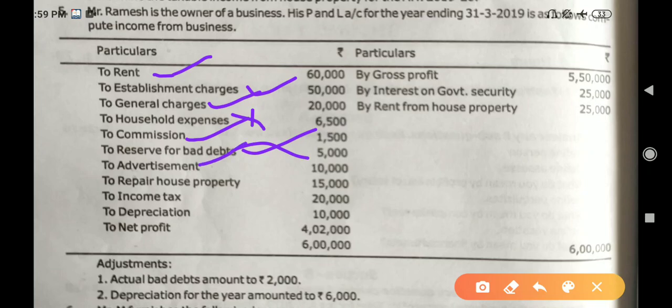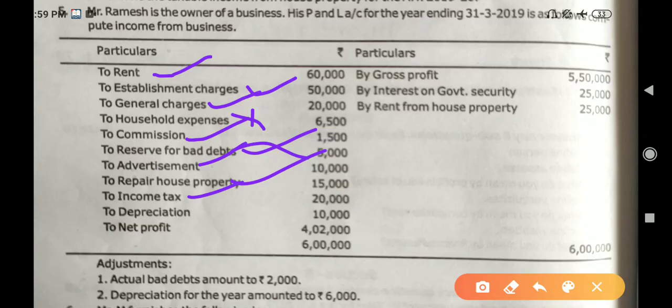And then repair to house property. Repair to house property is an inadmissible business expense. It does not relate to the business, so it has to be added back to the net profit. Then income tax. Income tax or any direct tax is always an inadmissible business expense, so it also has to be added back to the net profit.